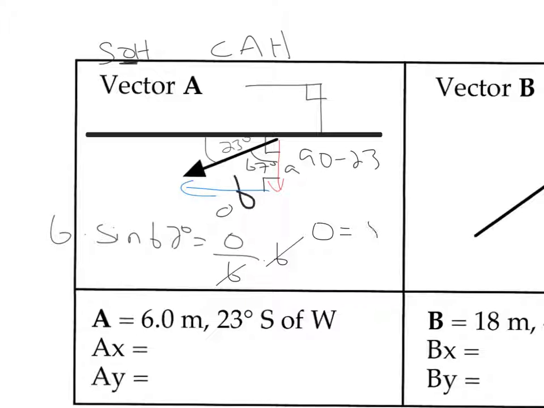Okay, when I solve for this, I get the opposite side, or the blue side here, is 5.52 meters. So that will go here for AX.